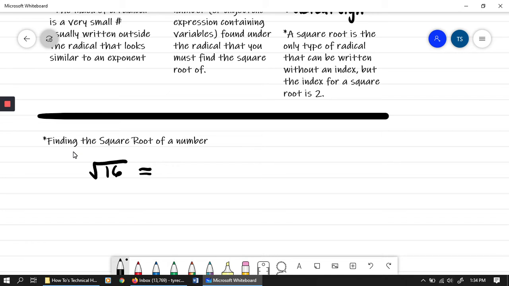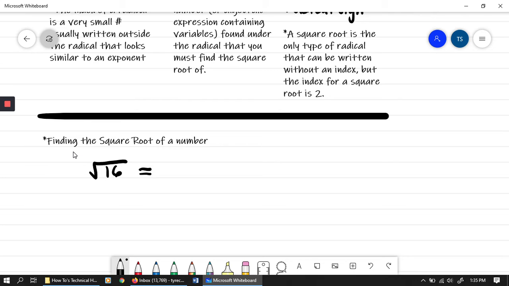The square root of 16, Mr. Starkey, is 4, because you can take 4 times 4 and you would get 16. If you said 4, you are correct, at least halfway. Positive 4 is one of the square roots of 16.